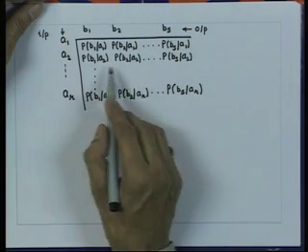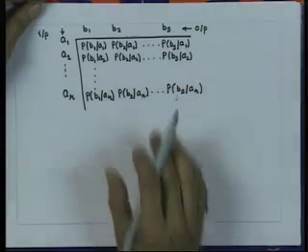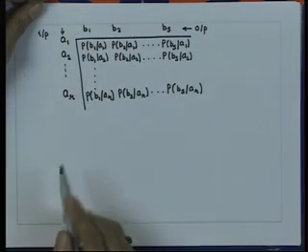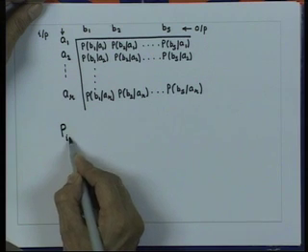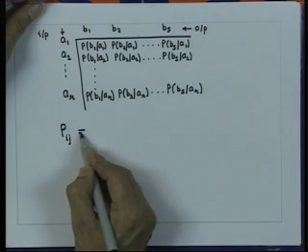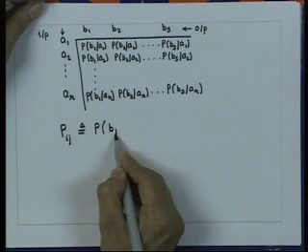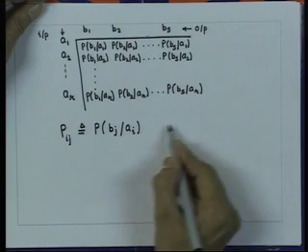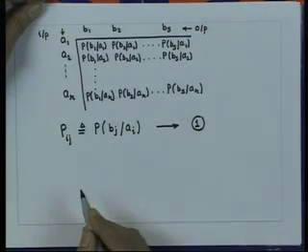In order to simplify the description of an information channel, it will be useful to have an abbreviated notation for it. So, accordingly we will define P_ij by definition as probability of B_j given A_i. This is equation number 1.